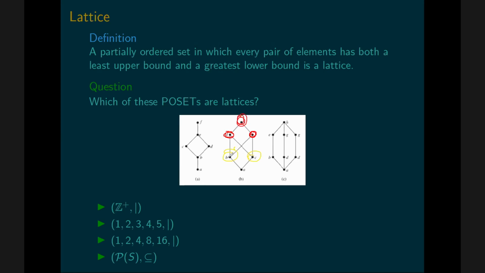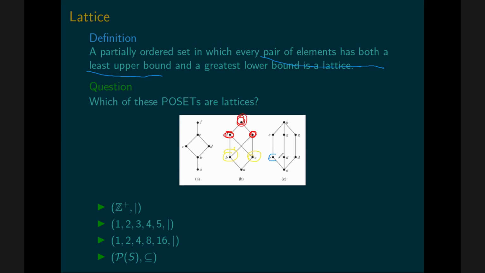These are all upper bounds for both B and C, right? Do we agree? Yes, sir. And now I want to take the least of these elements. Which one is it? We can't, sir. There is no least upper bound, right? Yes. So it is not a lattice because every pair must have a least upper bound. I found a pair that does not have a least upper bound.